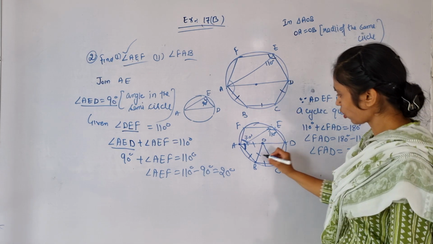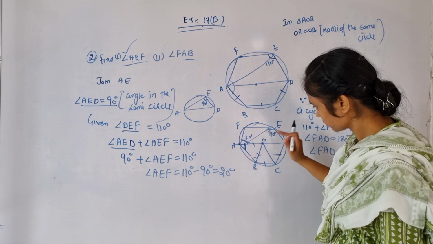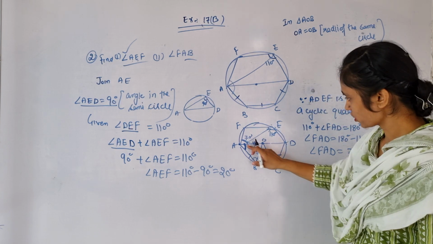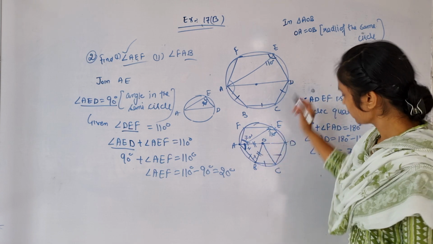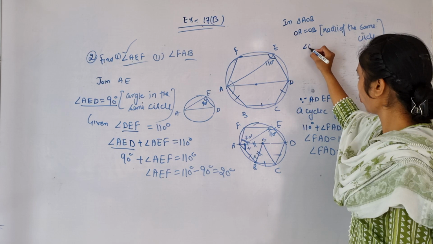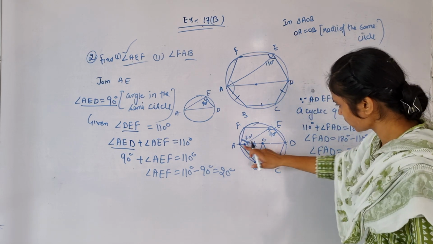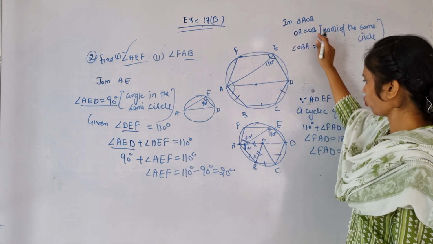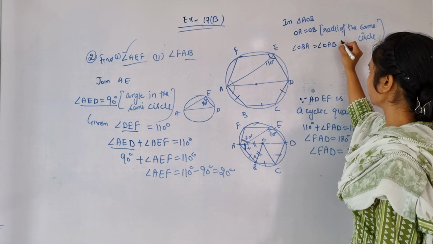Then opposite angles will also be the same. Angle opposite to this, these two sides are equal. Angle opposite to this is this. Suppose this is x. Angle opposite to OA is OBA, and OB's opposite angle is OAB.